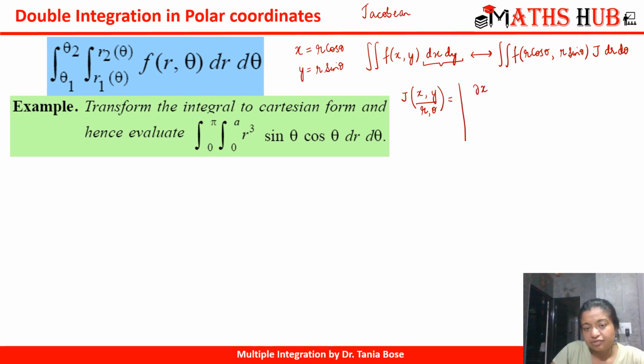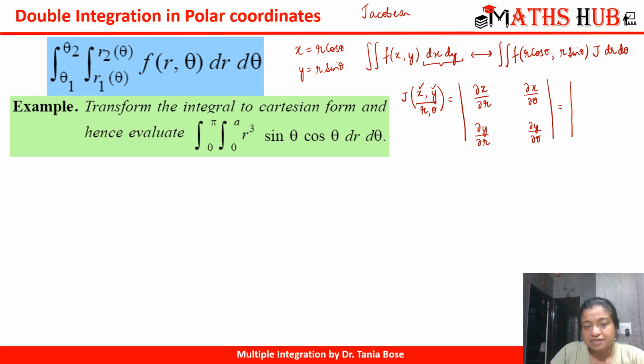We will start from the first variable x: del x by del r, del x by del theta. Similarly, now we will start with y: del y by del r, del y by del theta. So now let us place the values of del x by del r, del x by del theta, del y by del r and del y by del theta.